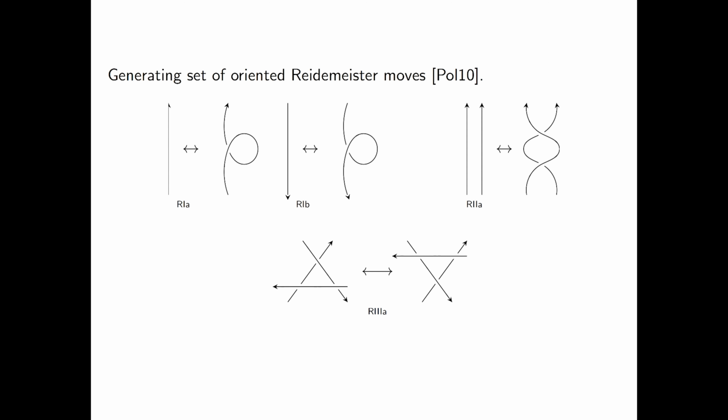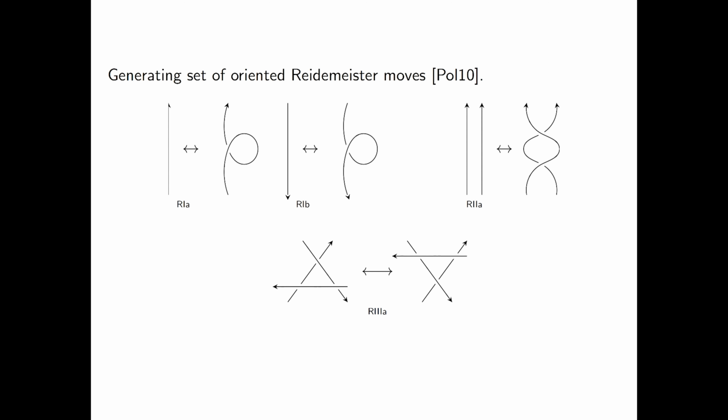At the end of the presentation, you're going to be able to find this reference, but if you want to find a generating set of oriented Reidemeister moves, so this is for just the classical case, then you need the following two type 1 Reidemeister moves. Here I have them listed as R1A and R1B. You also need a type 2 move, listed here as R2A.